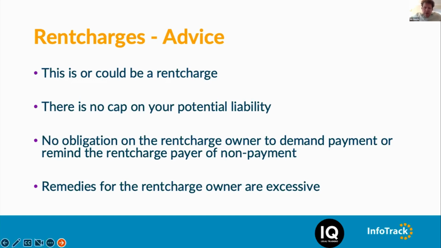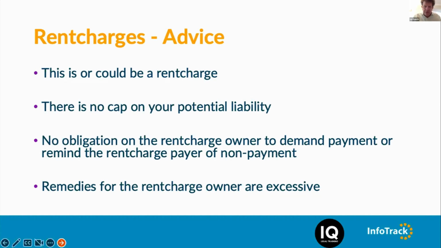Second thing, I think you must warn clients that, unlike in leasehold situations, there isn't statutory protection for rent charge payers yet. And as far as I can gather, there doesn't seem to be anything in the middle or near distance, as far as government is concerned, to redress that imbalance.